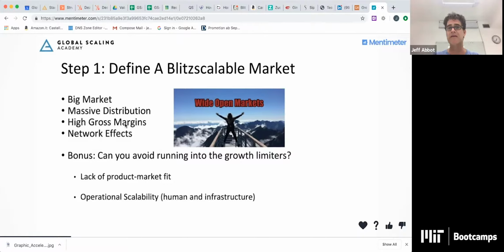And if you can score well by entering a market that has these 4 characteristics, while also avoiding the trap of not really having product market fit, of scaling too fast before you found product market fit, or failing in your scaling because it turns out you didn't have the ability to scale the human side or the infrastructural side of your business.